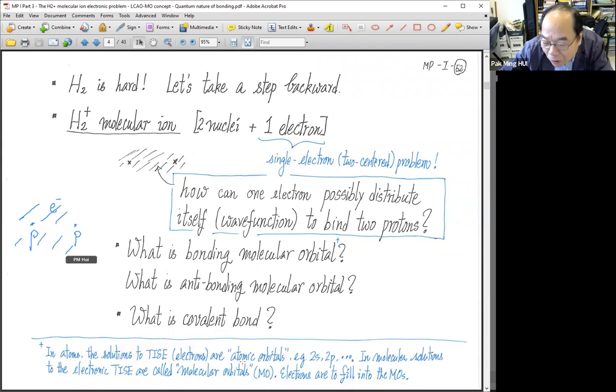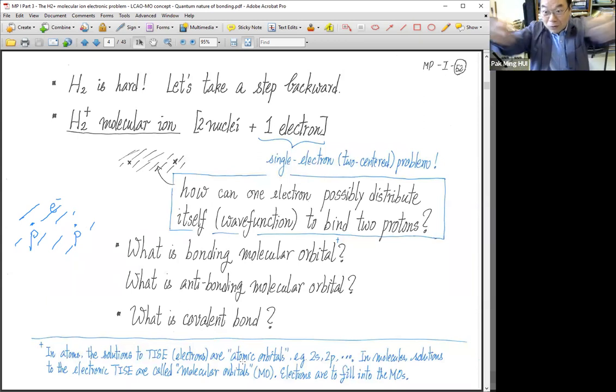Can one electron bind two protons? So the electron must be very busy, right? Hey, don't go away, because the two protons repel. The electron tries to pull it here, pull it there, hey, stay there. It turns out that H2 plus exists. Experimentalists can make it. So one electron can bind two protons.